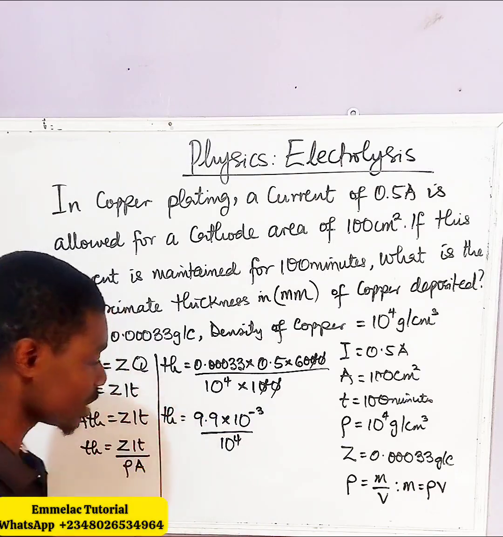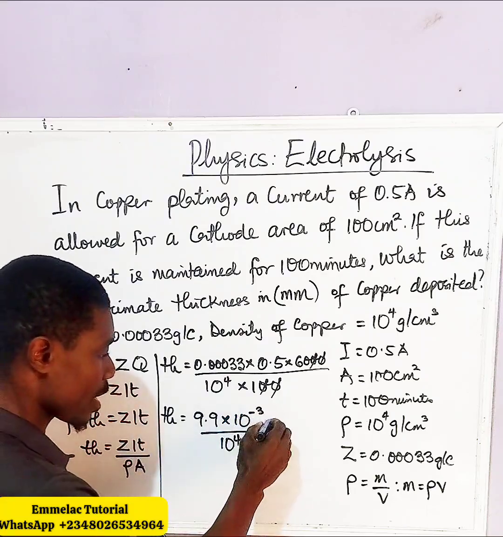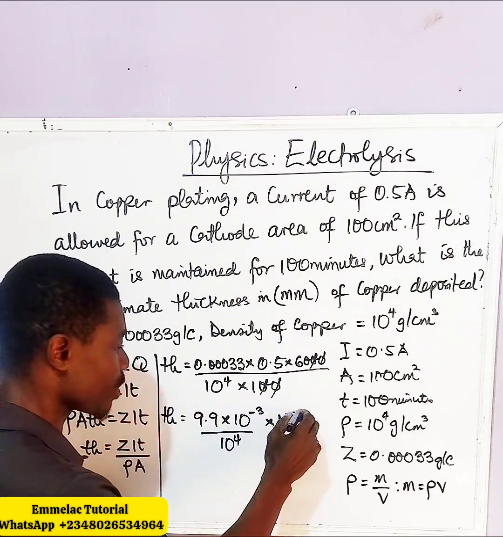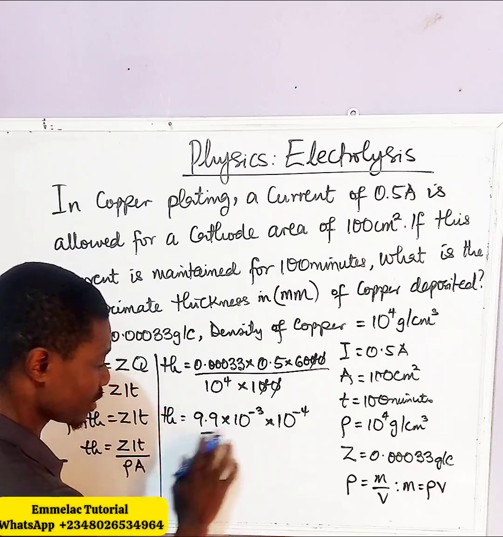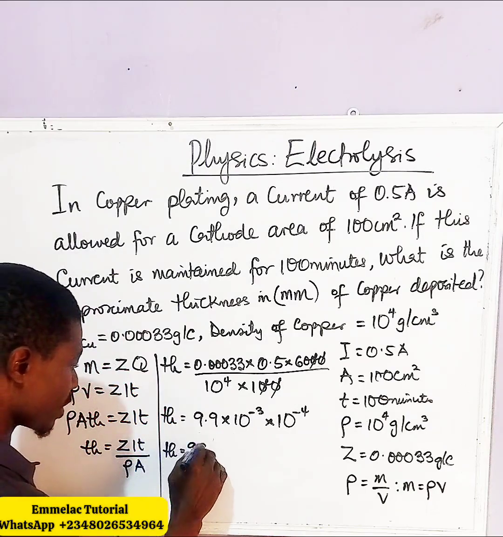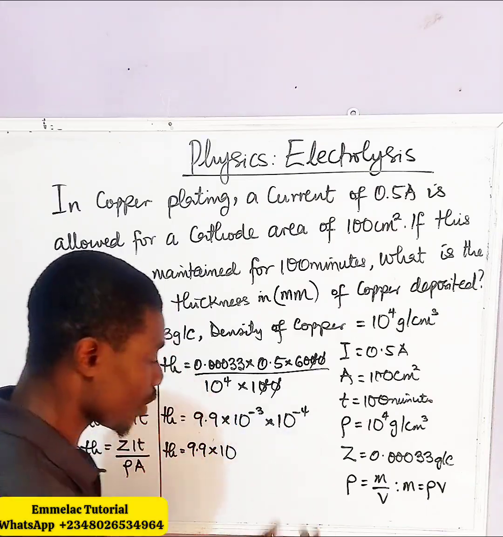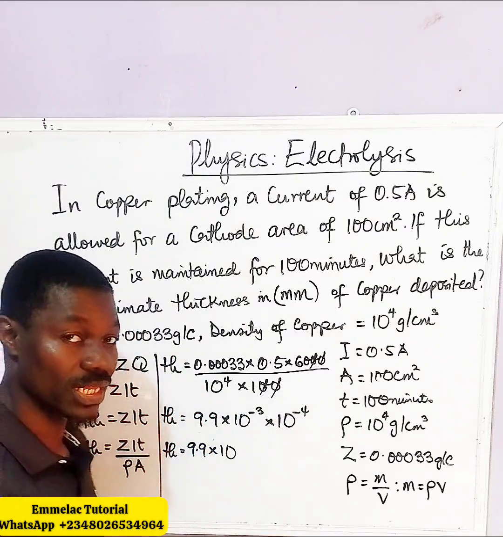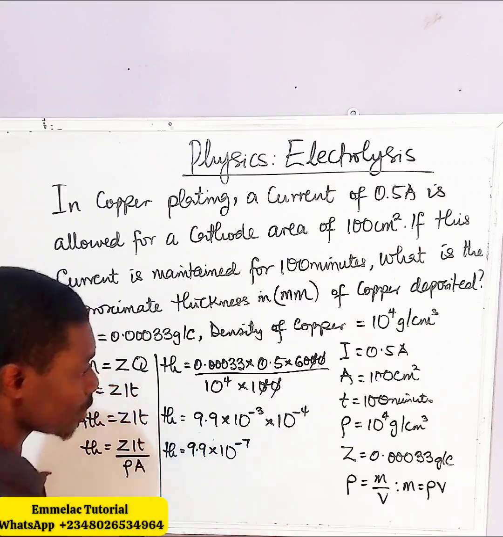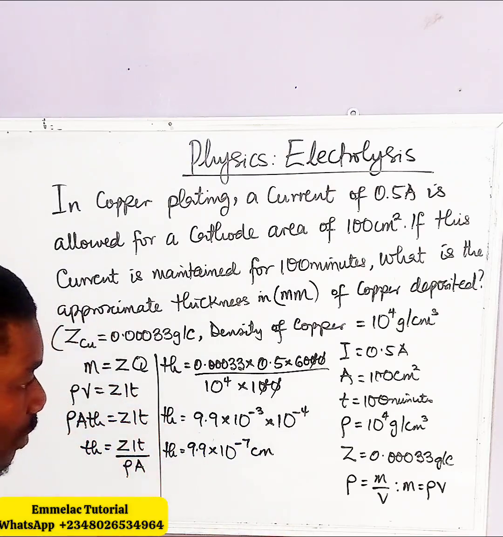And according to our indices, if you are dividing here, this can come over to the top, but the exponent here has a negative sign, so you have 10 raised to the power of minus 4. Alright, so here we have that the thickness will now be 9.9 times 10 raised to the power of minus 3 plus minus 4. According to the law of indices, since they have the same base, the powers will be summed up. So here we have minus 7. Take note the unit here is centimeter.